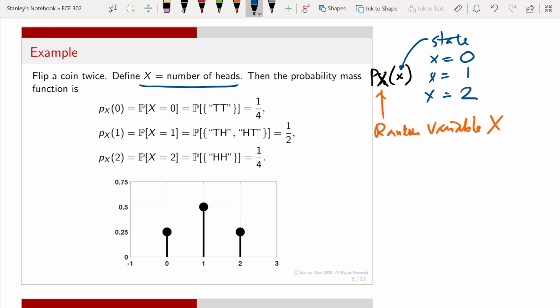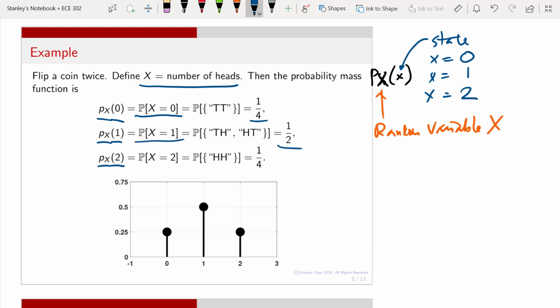Okay, so then we can calculate these three states, 0, 1, and 2, and then we evaluate the probability of this random variable X. So let's carry out the calculation. If you want to get p_X(0), this is the probability that X equals 0, that will give you 1/4.